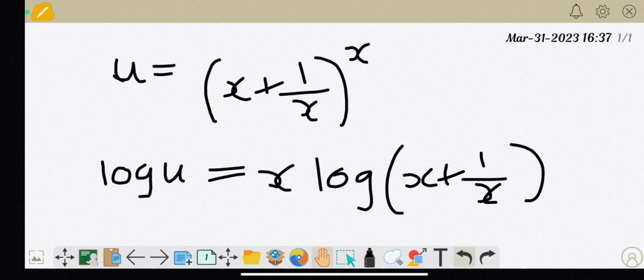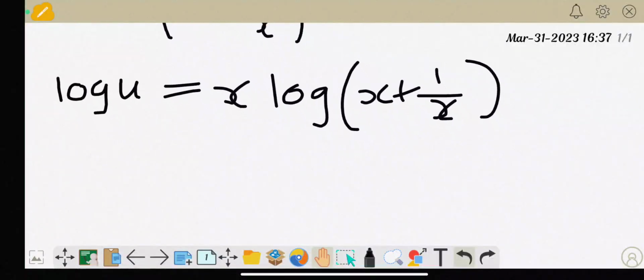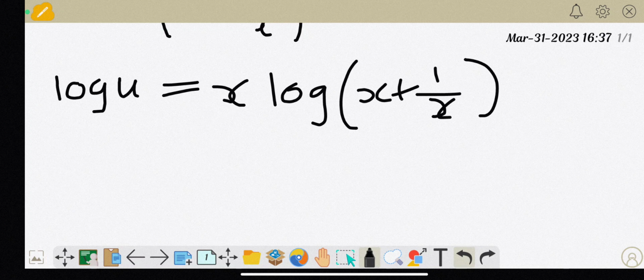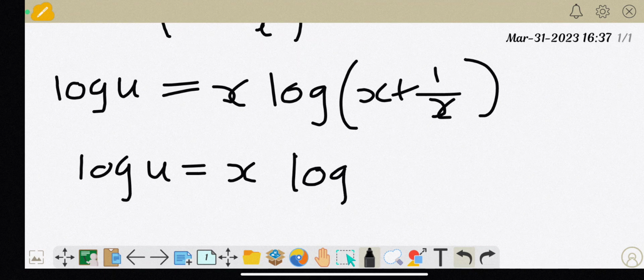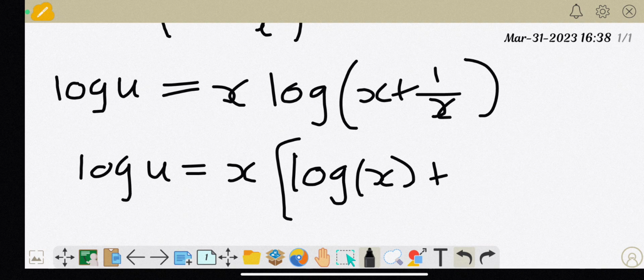So the next step, you have to apply the properties of log, so you can expand it. Log u is equal to x into, so how can you expand this? It is log of x plus log of 1 by x, correct?